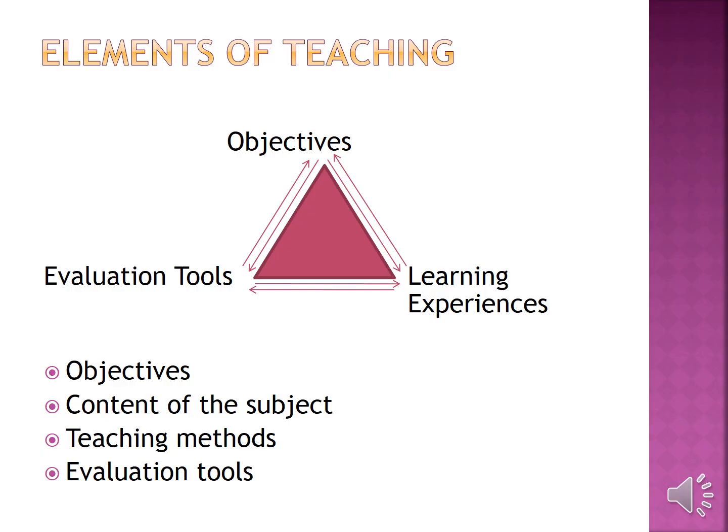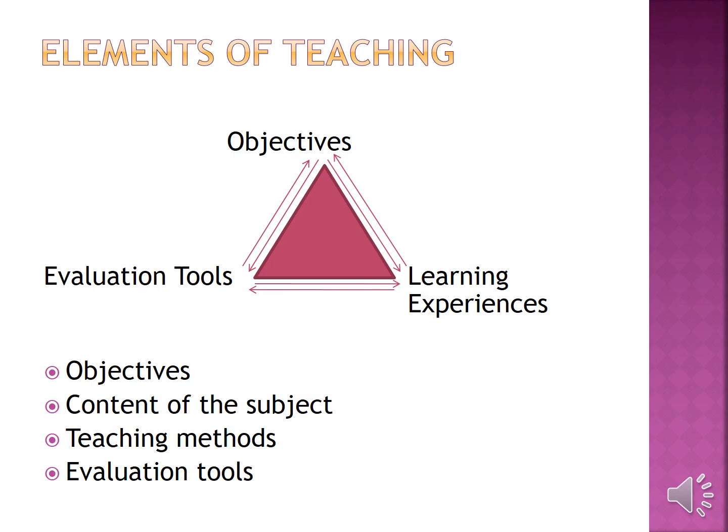There are various elements of teaching as far as the definition of evaluation is concerned. Particularly you will find three elements. It is the triangle of evaluation, you can call it. This symbolic picture is the triangle of the teaching process. At one vertex you will get the objectives.